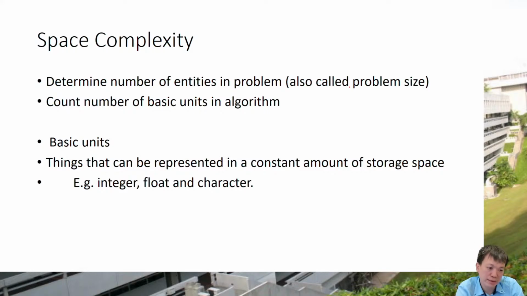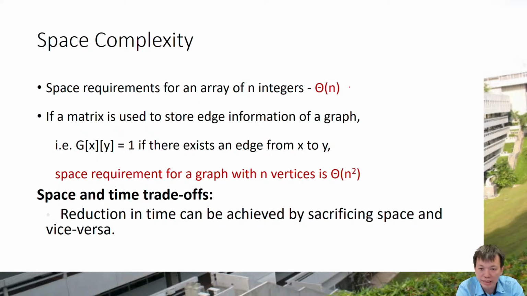And later in the searching algorithms, you'll find there is a so-called space and time trade-off. To have a better time complexity, a lot of the time you use more memory to store more result information, so that you can use less time to solve the problem.